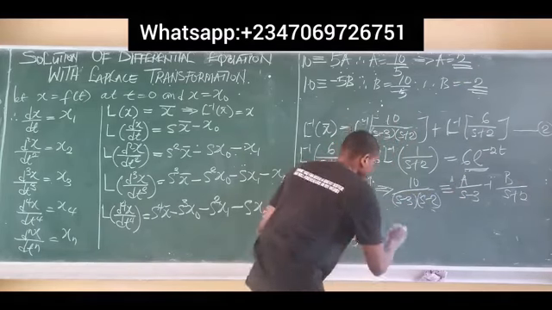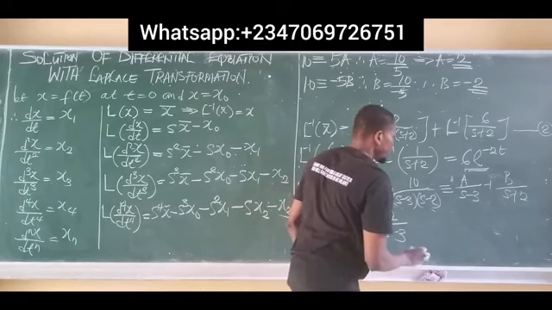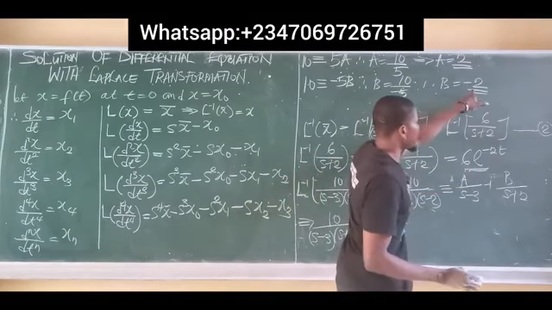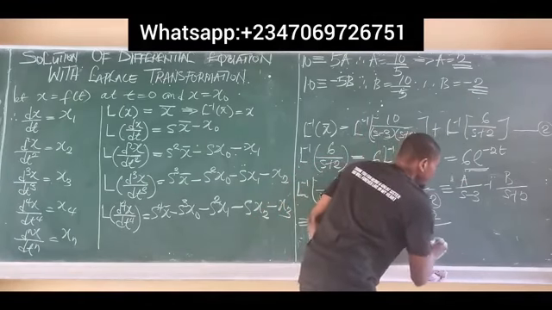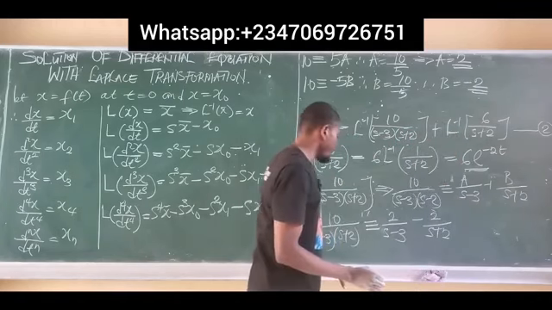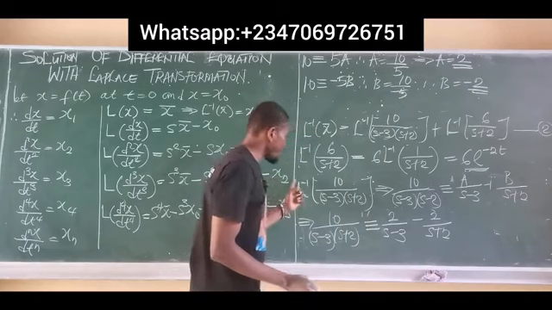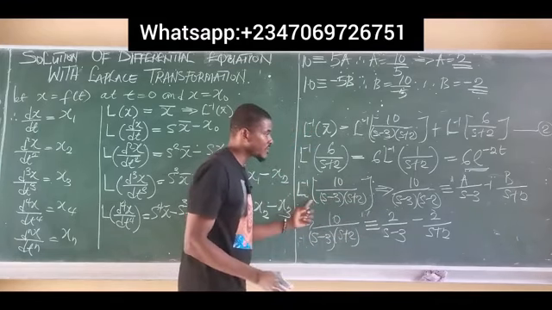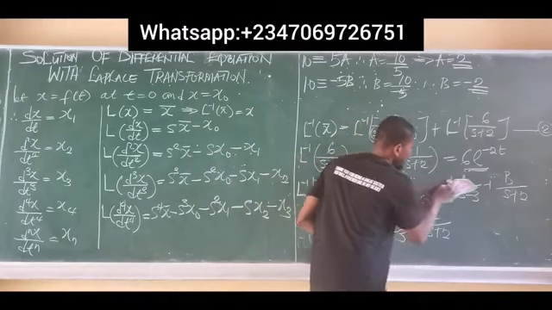So in place of A, we put in 2 all over S minus 3, plus B, but B is minus 2. It becomes minus 2 all over S plus 2. So it means that we have been able to transpose this compound fraction into two simple fractions. Then we can rewrite the Laplace inverse of the compound fraction. Okay, so I can take care of that now, since I already have this.